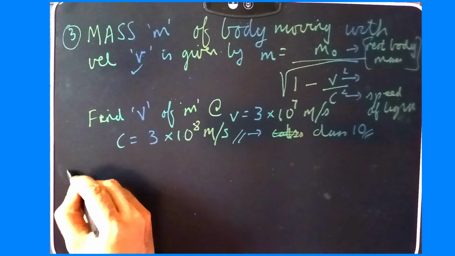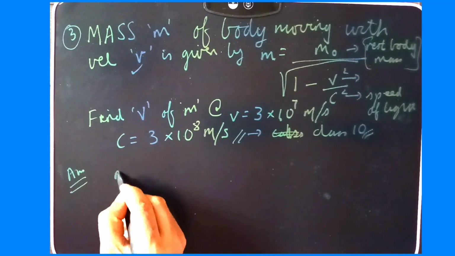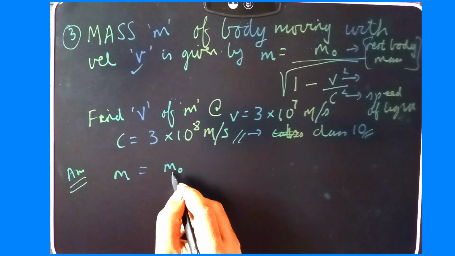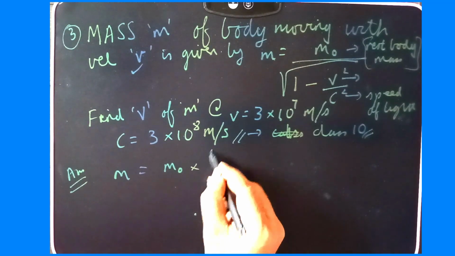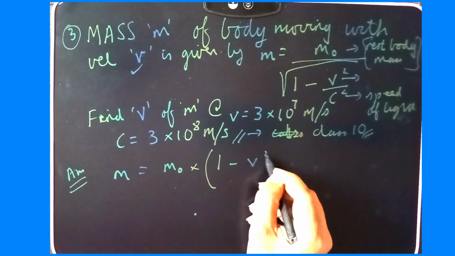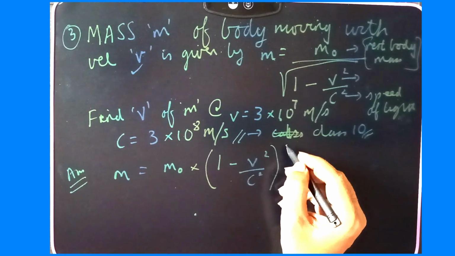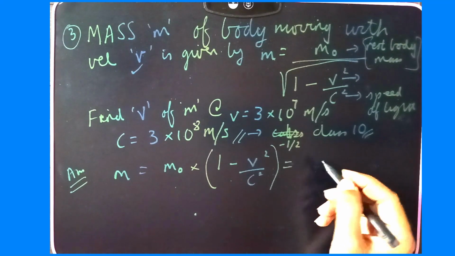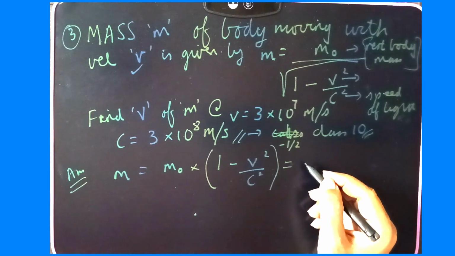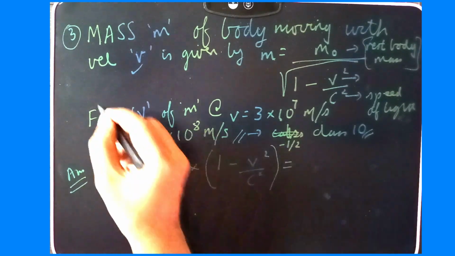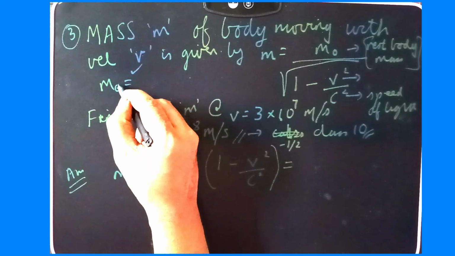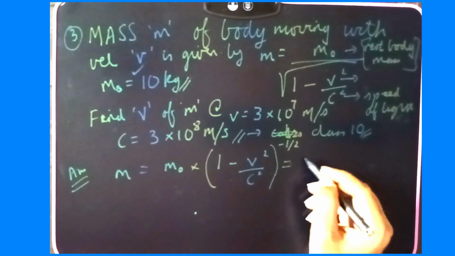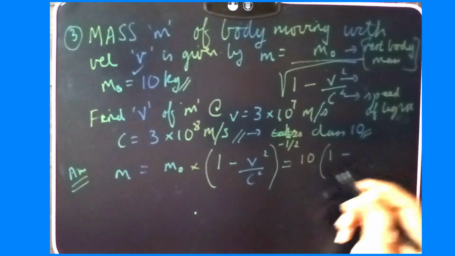We can write this equation as m is equal to m0, the mass of the body at rest, multiplied by (1 minus v square by c square) raised to power of minus 1 by 2. Right? So now we'll put the values. Is m0 given? We'll assume m0, the initial rest body mass, is 10 kg. Sorry, I forgot to mention it previously. M0 is basically 10 times (1 minus v square by c square).